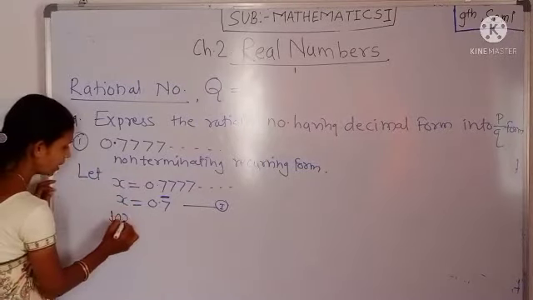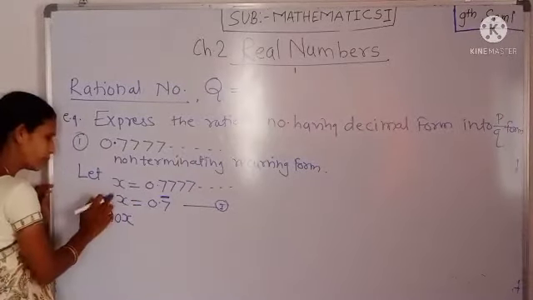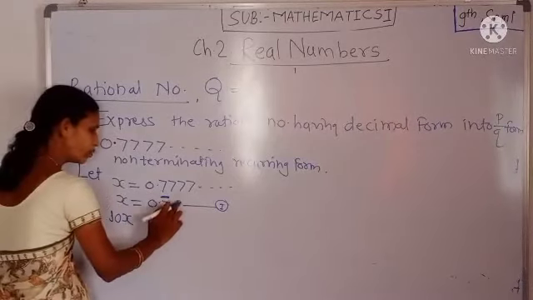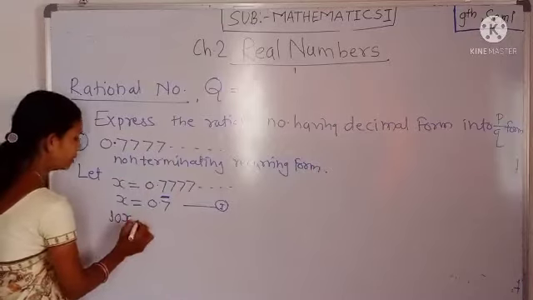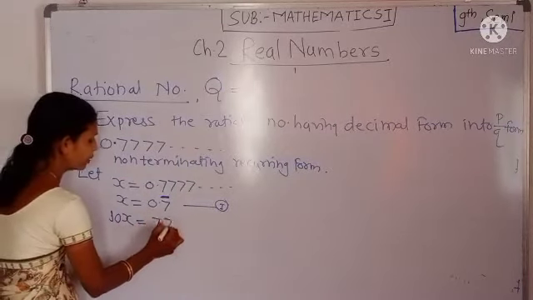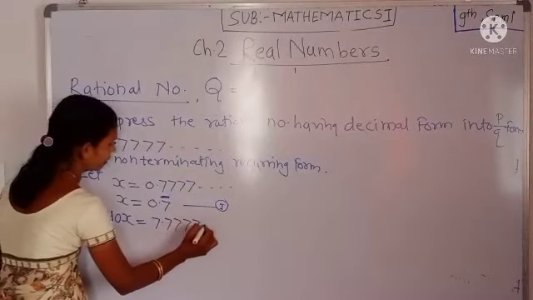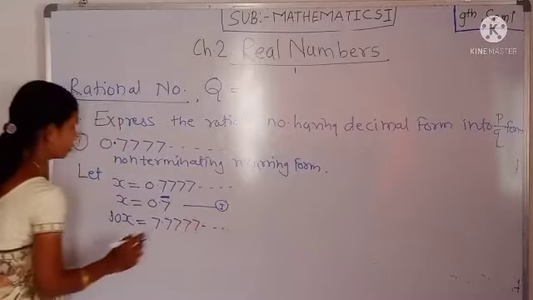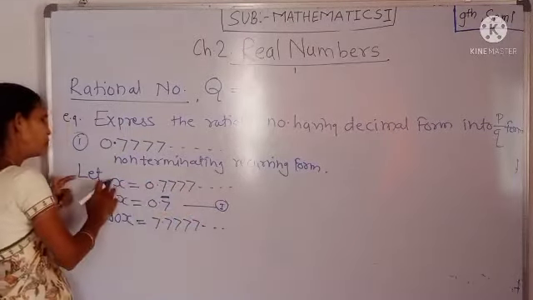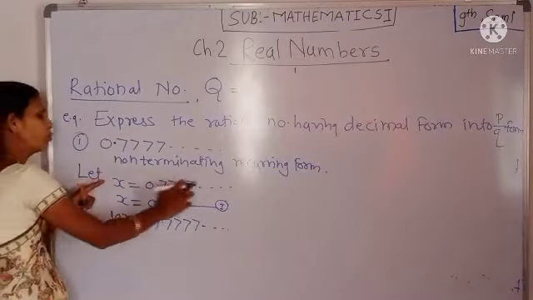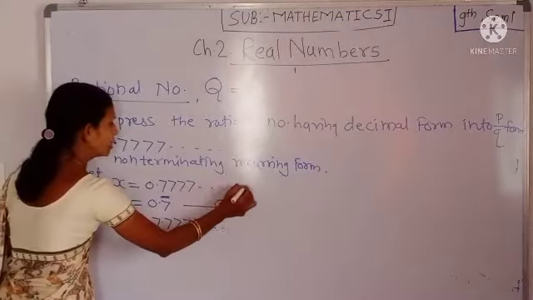Therefore, here 10x, that means x is multiplied by 10. Then we get 7.7777... That means x is equal to 0.777, and when we multiply x by 10, we have to multiply the other side also by 10.